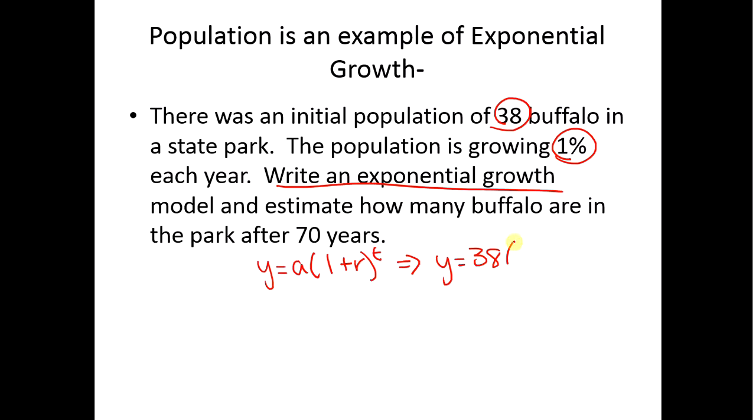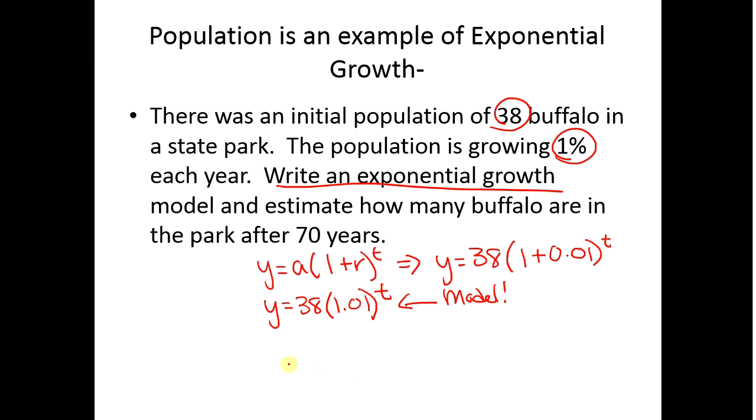So 38 buffalo. 1 plus my rate expressed as a decimal, 0.01, to the t. So this is just getting the model right. 38, parentheses, 1.01 to the t. This is my model. So that's the first part that they're asking about.